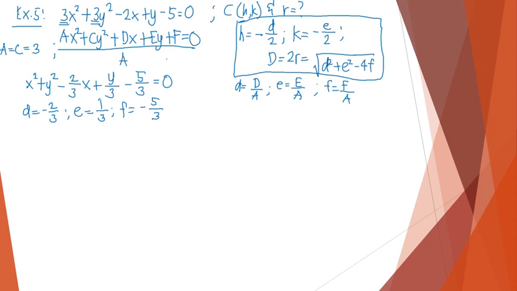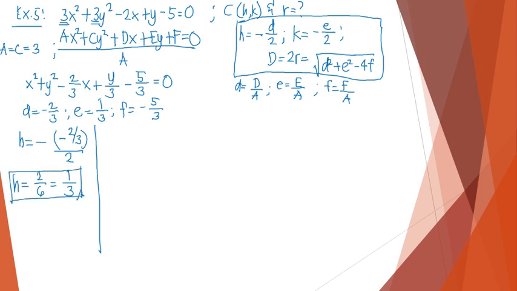Okay, so if we substitute these values in the formula, we have h equal to negative of negative 2/3, over 2. So that becomes positive, and h is equal to 2 over 6, which reduces to 1/3. This is the x coordinate of the center. How about the y coordinate, k?